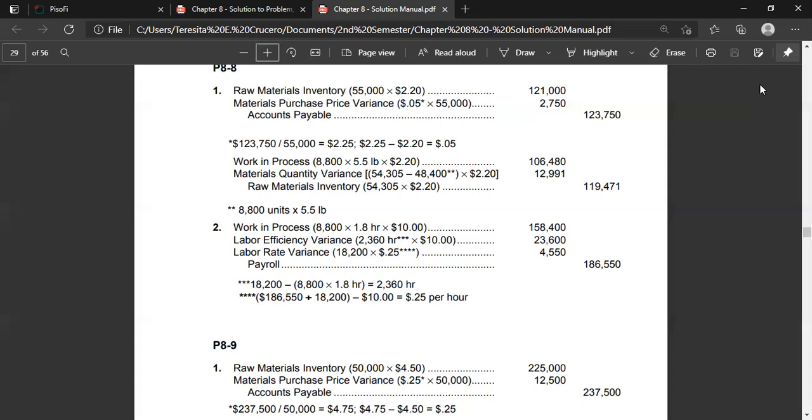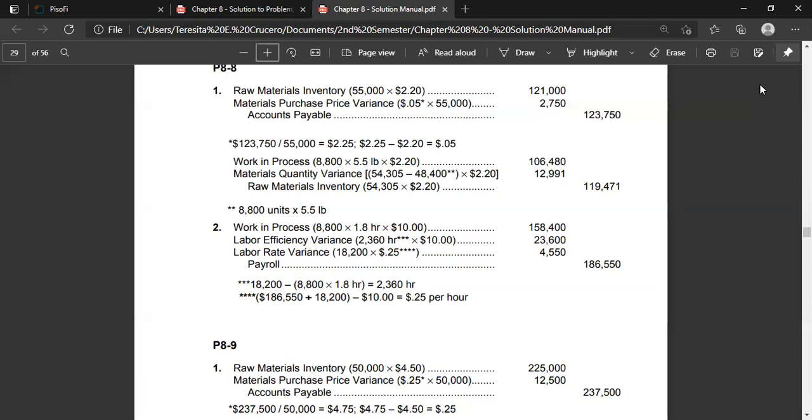Then 18,200 we deduct 8,800, that's standard, multiplied by 1.8 hour. We have the standard hours per unit. So we now get 1.8 hour times 10, the debit to work in process.